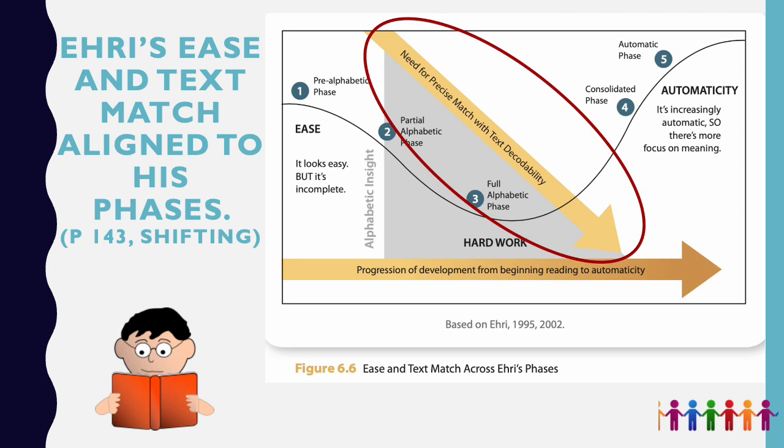But for her to become a reader and break the code and truly read, she has to work very hard with phonics decodable texts and needs to use that progression of development from beginning reading to move all of those words to automaticity so that she can peel the words off the page and move to that consolidated phase and eventually the automatic phase where automaticity kicks in.